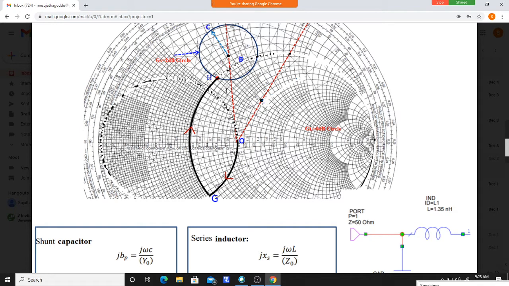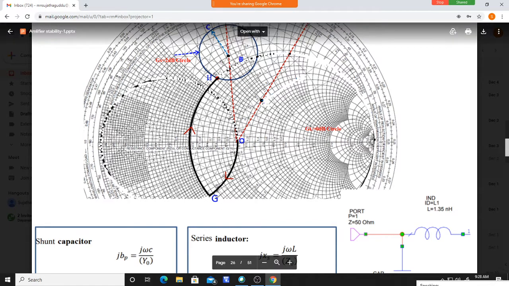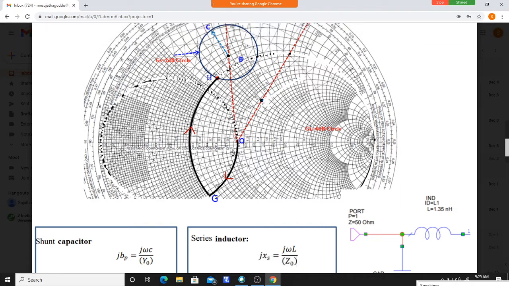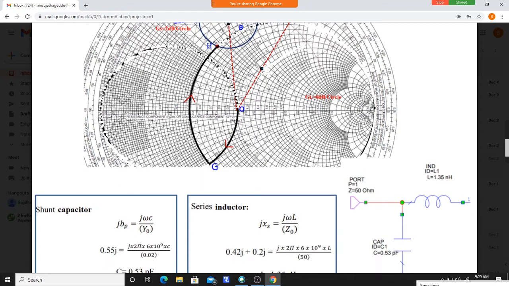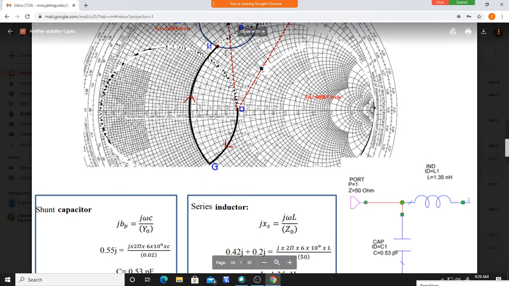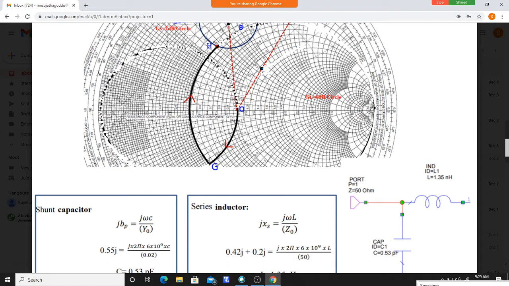First you should move over the r equal to 1 or g equal to 1 circle based on the problem. In this case, we are moving on the g equal to 1 circle to reach the circle passing through the one here. Starting from here, you can see what value is added by moving like this.